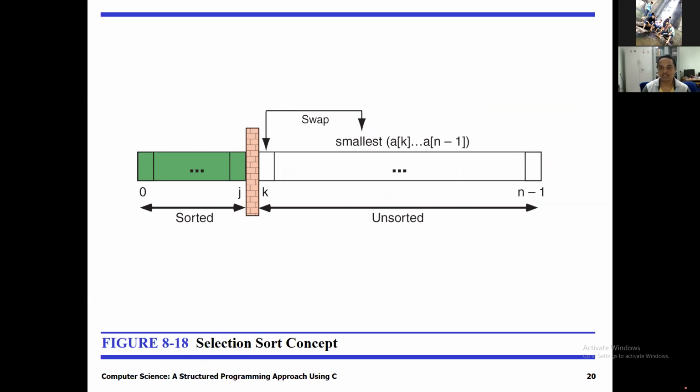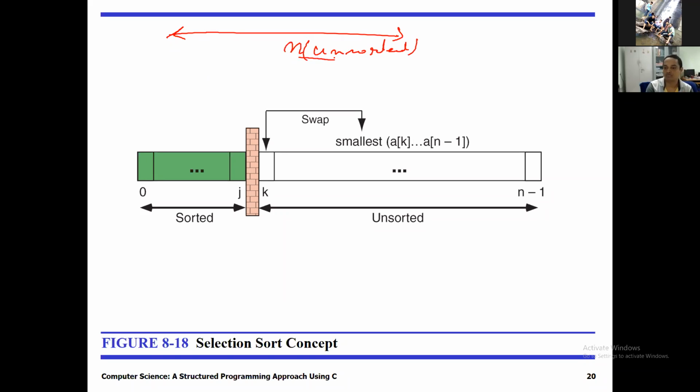In selection sort, the concept is you have an unsorted array. Typically, we take the example that we have n number of elements in the array, which are in unsorted form. We have to pick the smallest one from the entire array.